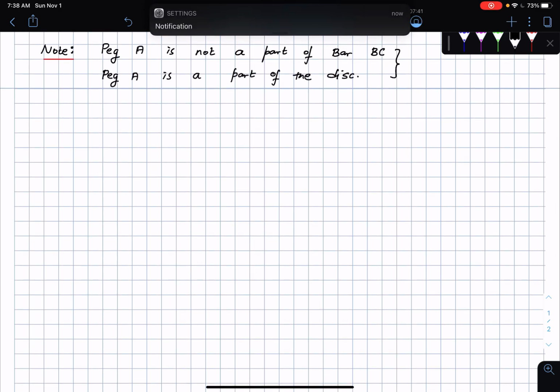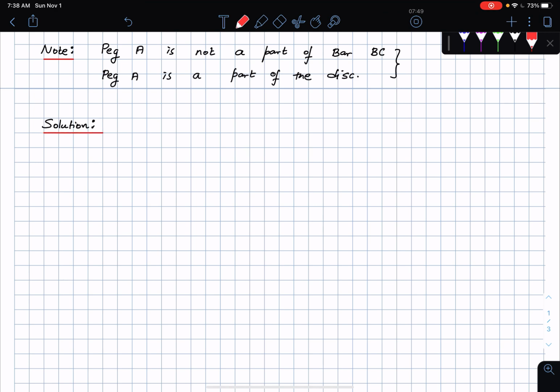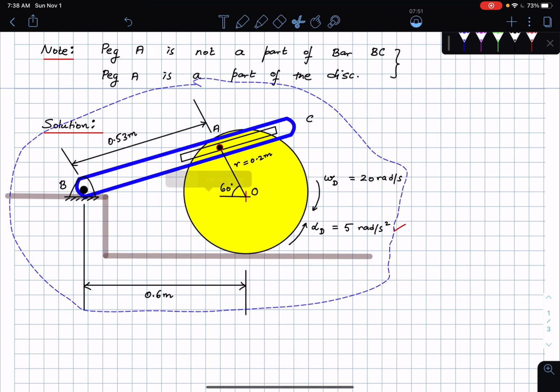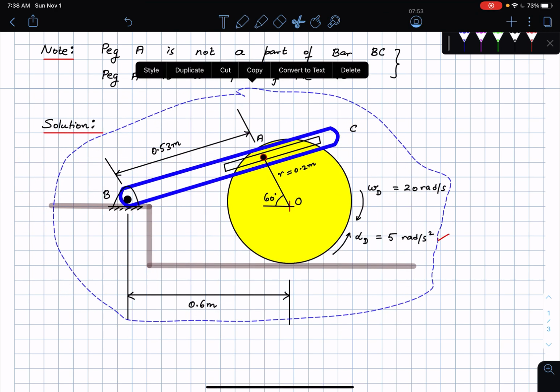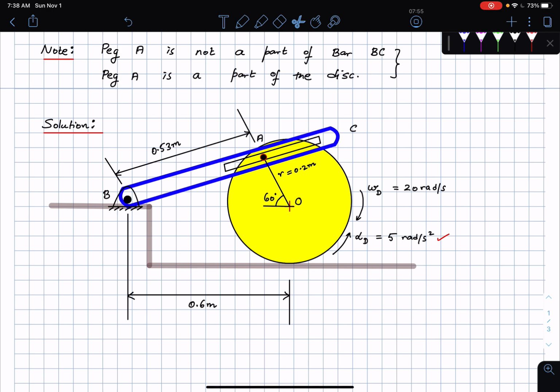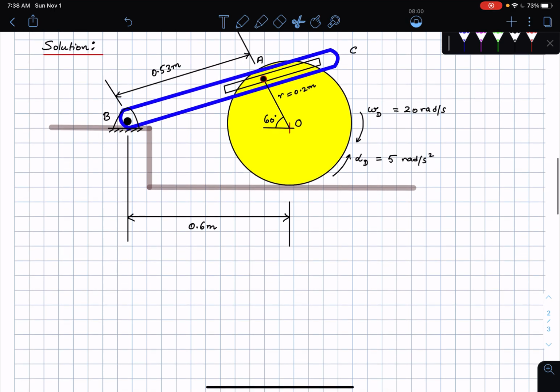So my solution. I'll paste my figure here so that it's looking at it this way. Alright, so how do I solve this problem? I realize that A is a part of the disk, so I'm going to analyze just the disk.